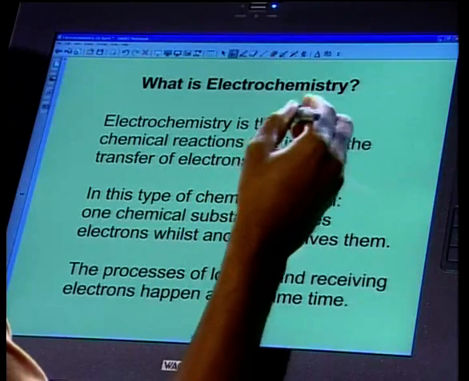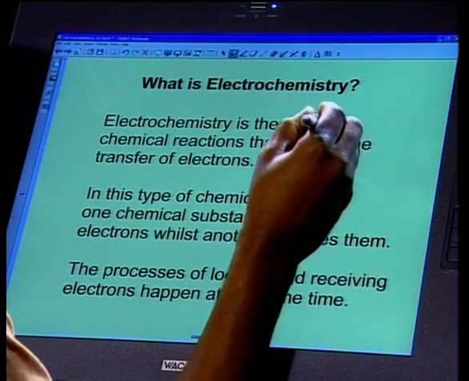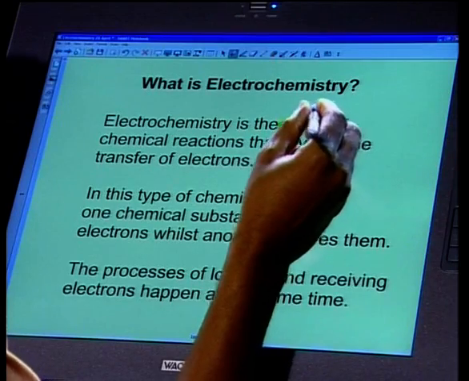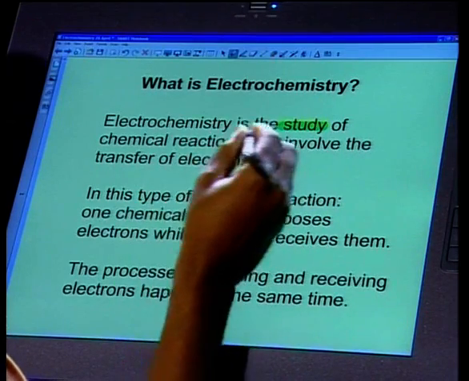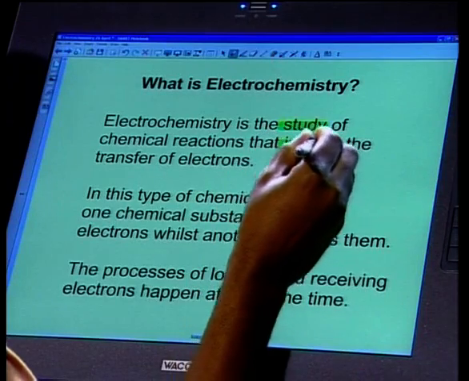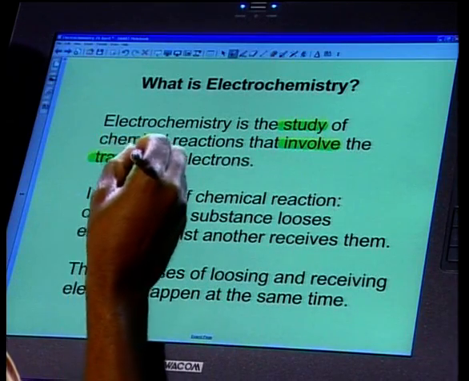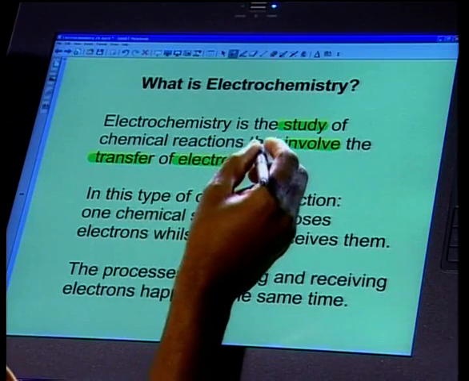Now, electrochemistry is a study in chemistry where we look at chemical reactions that involve the transfer of electrons. This is very important.